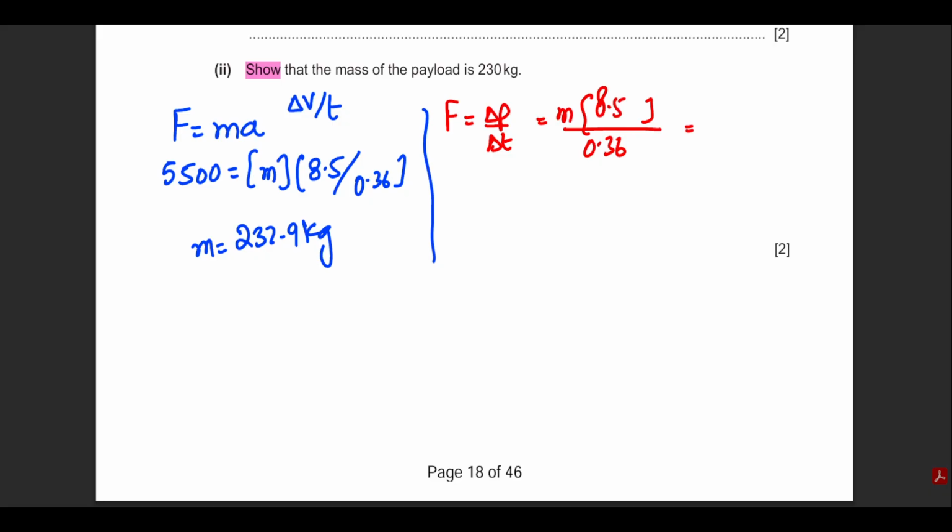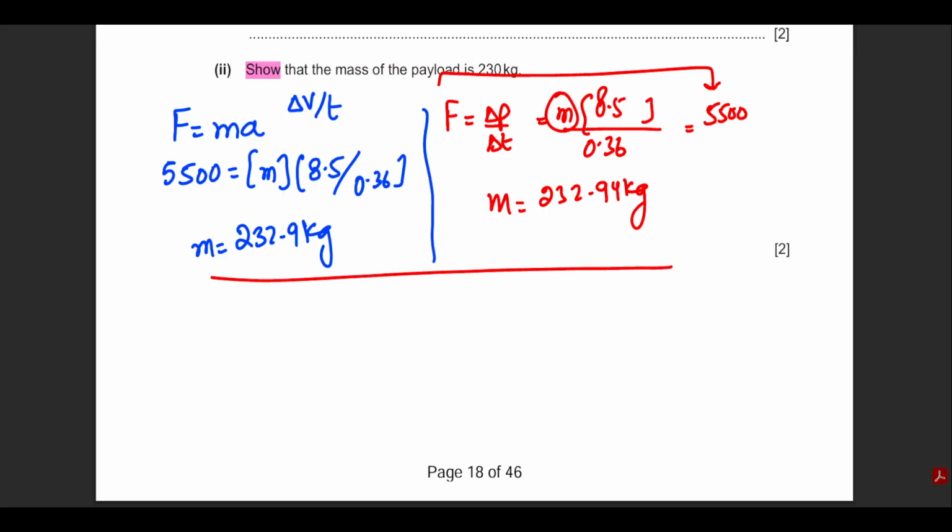This is supposed to be equal to 5500 newtons because that's the F available, and we want to find m. If you find it this way, m is also going to be 232.94 kg, which up to two significant figures is supposed to be 230, and hence this is shown. This is our mass m.